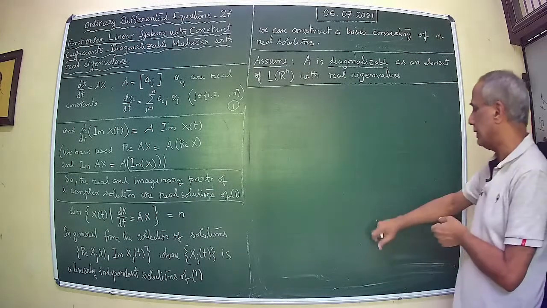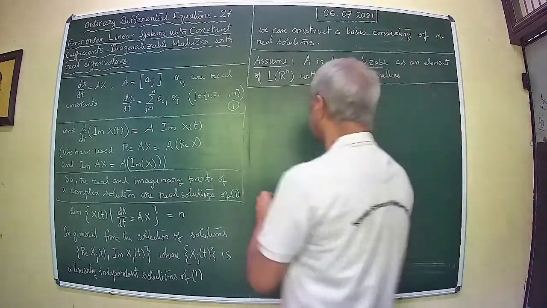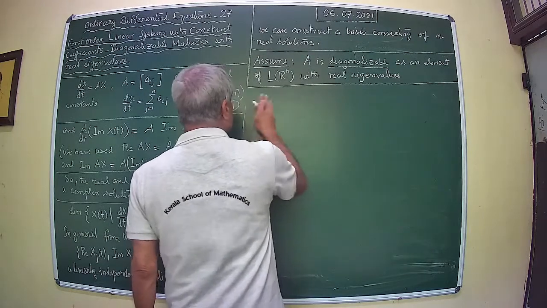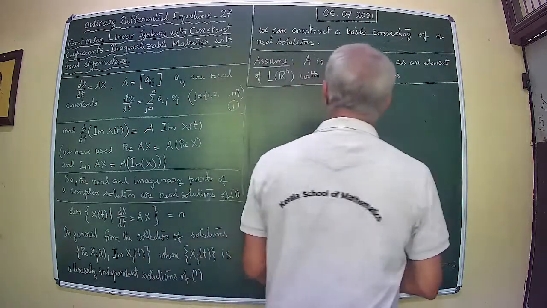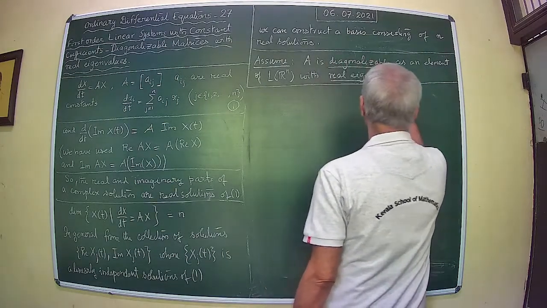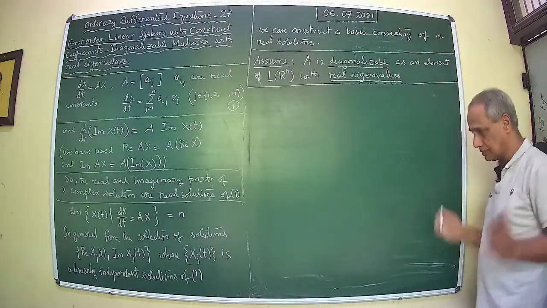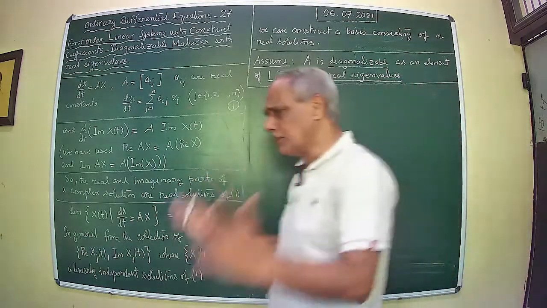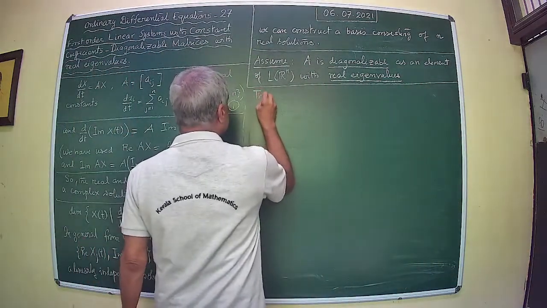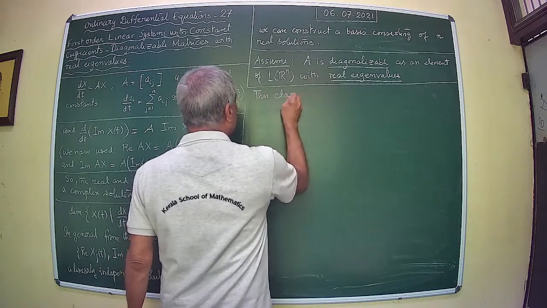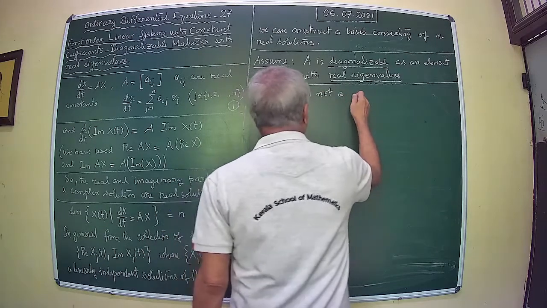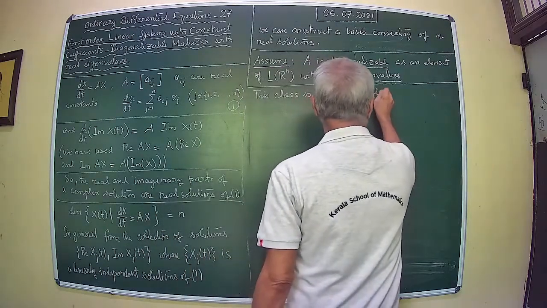So let us make this assumption. You see, this class of diagonalizable operators with real eigenvalues is not a small class. It's a reasonably big class, because you know that this class is not a small collection.